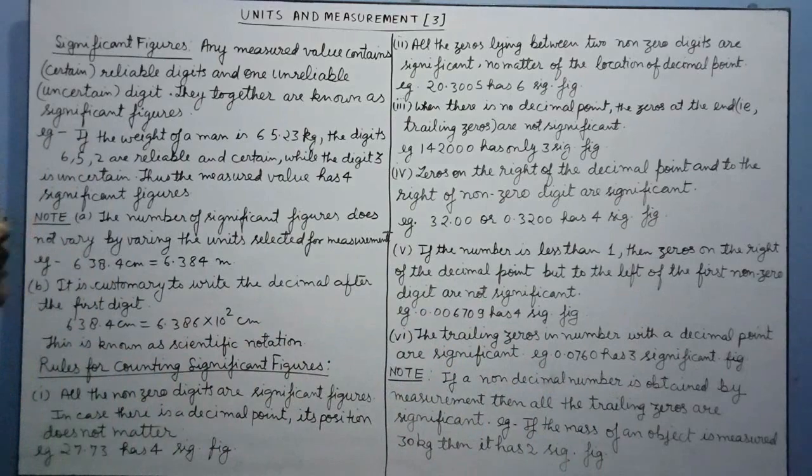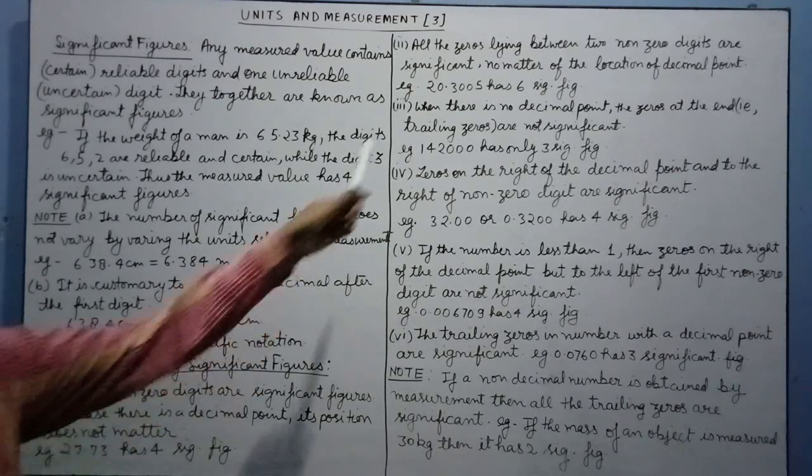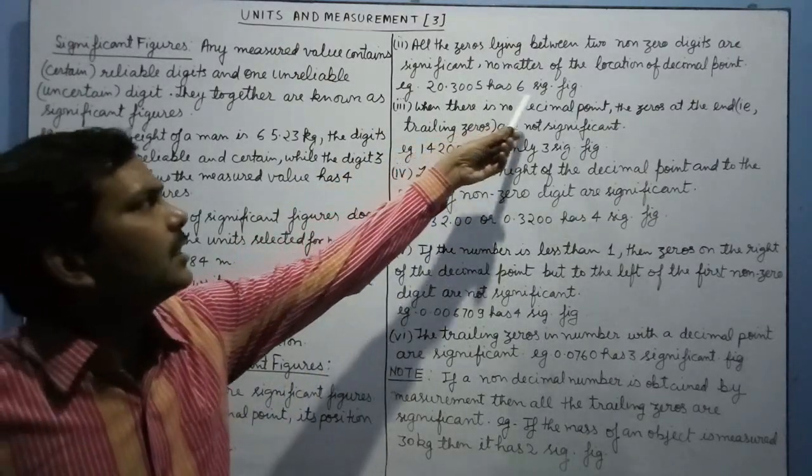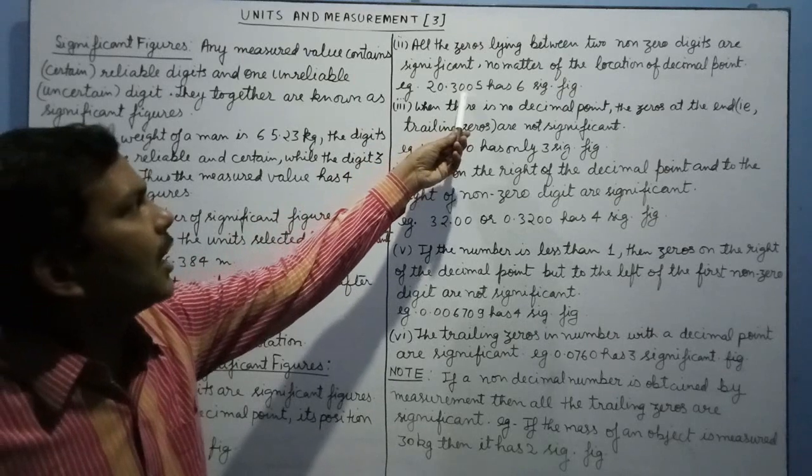Next, all the zeros lying between two non-zero digits are significant, no matter the location of the decimal point. Here is an example. 20.3005 has 6 significant figures. Here is a 0, and here also there are 2 zeros.